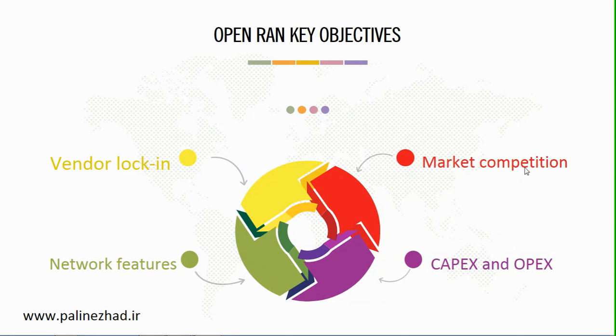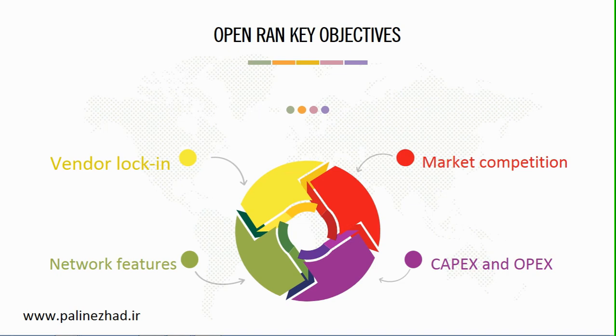Market competition is the second benefit. Currently, big and well-known companies like Nokia, Ericsson, Huawei, Samsung, and ZTE have over 80% of RAN market share. So if RAN becomes open to more vendors, there will be more competition, and this leads to lower CapEx costs. Enhancing network features is the third benefit.